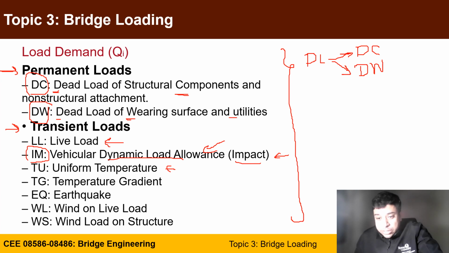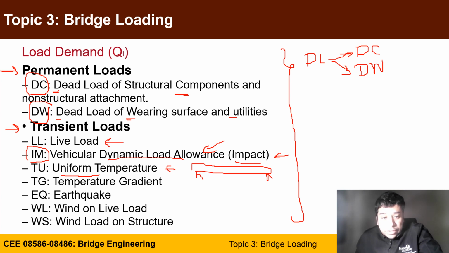Some regions like Texas, Arizona and Nevada will have high temperatures up to 120 Fahrenheit, which can lead to expansion of materials and can impose loading on the structures if some movement is restrained. So those kinds of uniform temperature can cause internal forces in your structure.